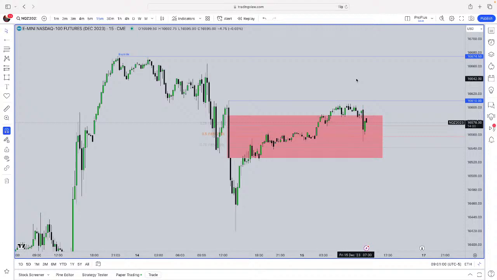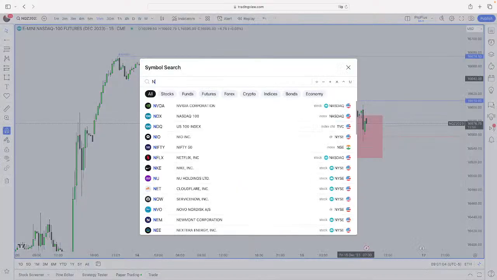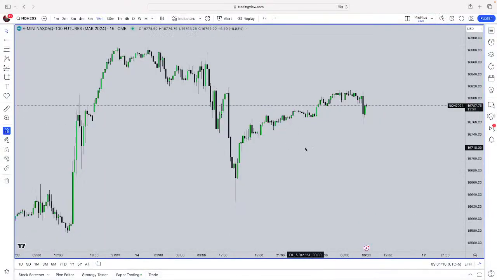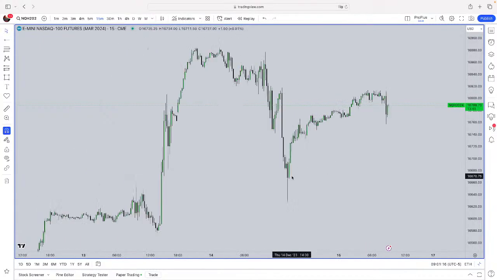So I don't want to use that. It might be better, it might be the March contract now. What do you guys think? Could we start using the March contract, which has the symbol H on it?